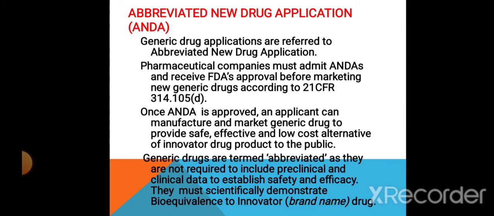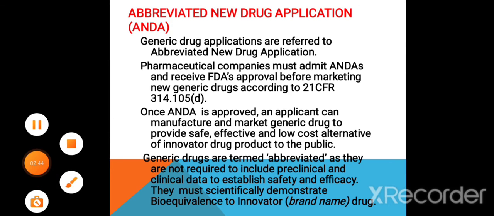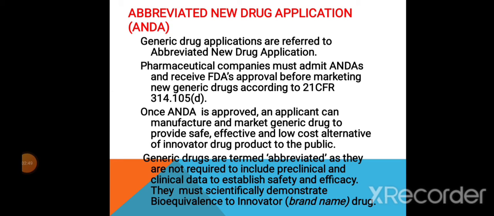Once the ANDA is filed and approved, the applicant or manufacturer can manufacture the generic product and market the same product to provide a safe, effective and low-cost alternative.